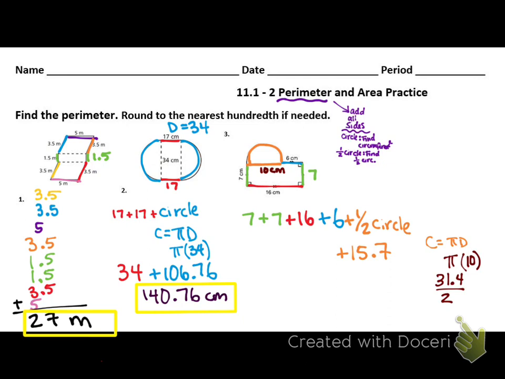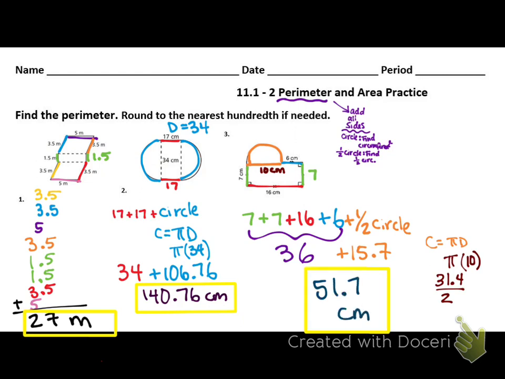So we're going to add that in to our 7 plus 7 plus 16 plus 6. So this makes 36. Add in the half circle, which is 15.7. And we get 51.7 centimeters.